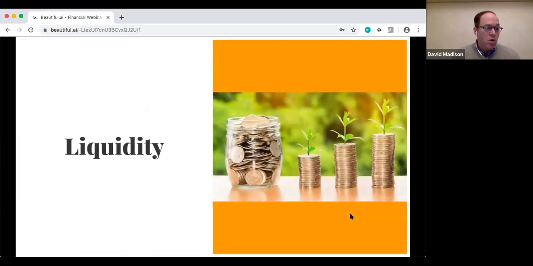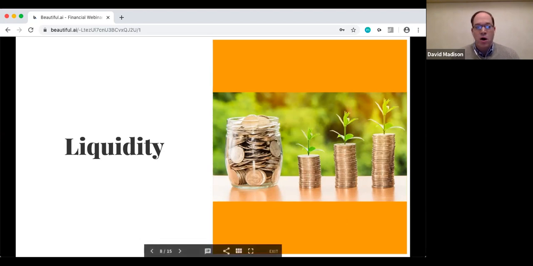Liquidity. So a school can have a great piece of property. A school can have amazing buildings, but if it runs out of cash, then you're going to be in a really tough crisis. So this goes back to our question of how many days of cash you have on hand. That's a pretty straightforward analysis. We already know what the cost of operating the school is.